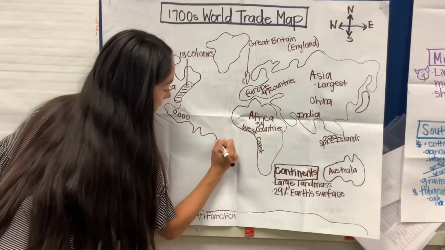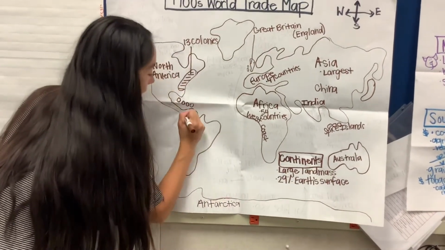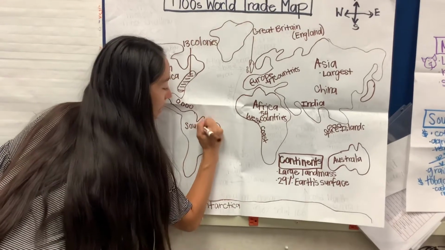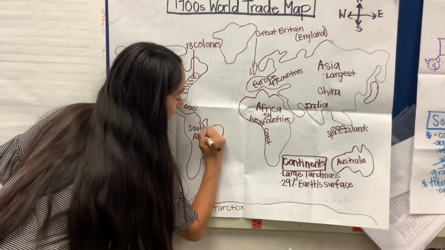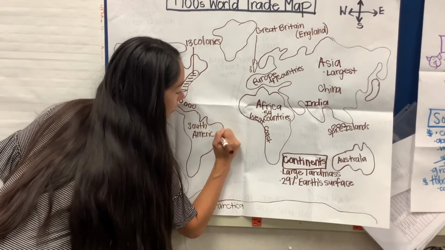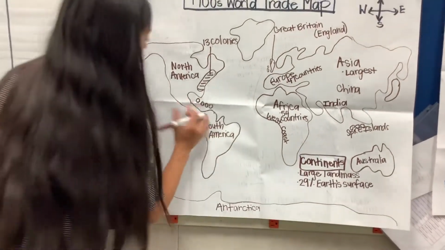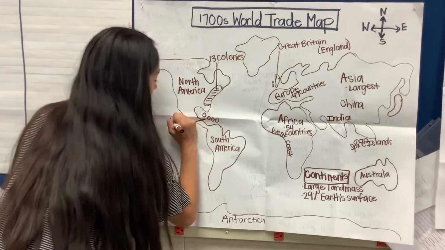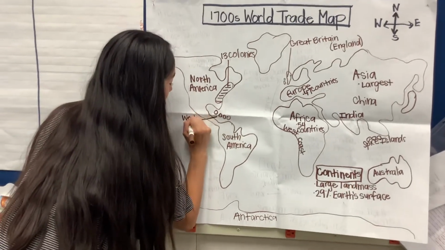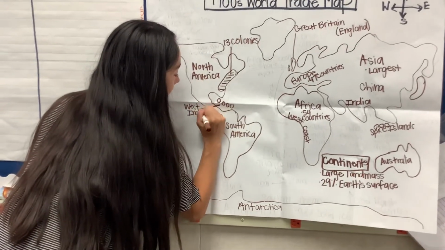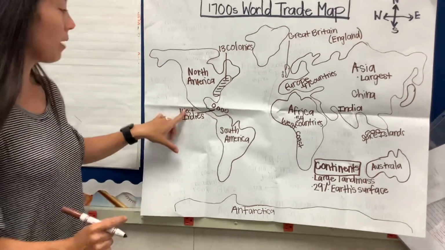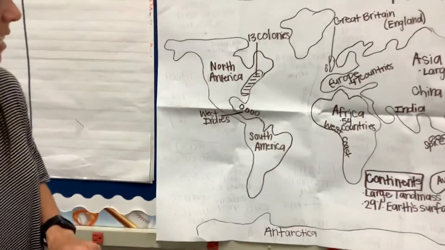If you move south, we have South America. South America is our next continent. Read this with me. South America. In between these two continents, we have the West Indies. Read this with me. West Indies.